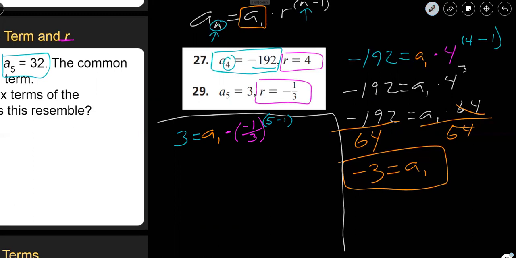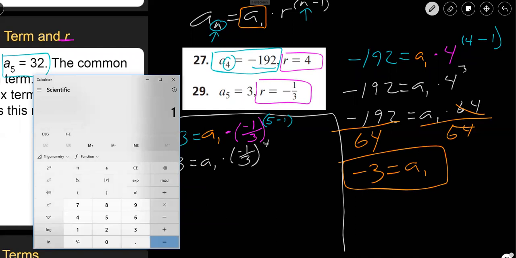So again, I just do order of operations until I can't do any more on the right side of the equation. So I have negative 1/3 to the 4th power on the right side.